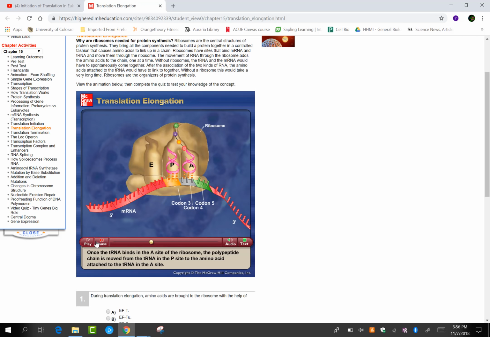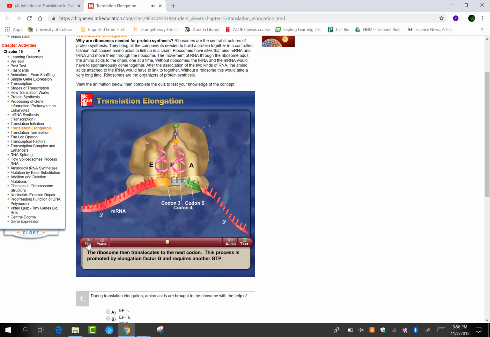Okay, so the P is where the peptide is housed, then it's transferred to the A site, and then you're going to see that this tRNA is moved to the P site. Peptidyltransferase, a protein RNA complex present in the 50S ribosomal subunit, catalyzes the formation of this new peptide bond between the amino acids. The ribosome then translocates to the next codon.